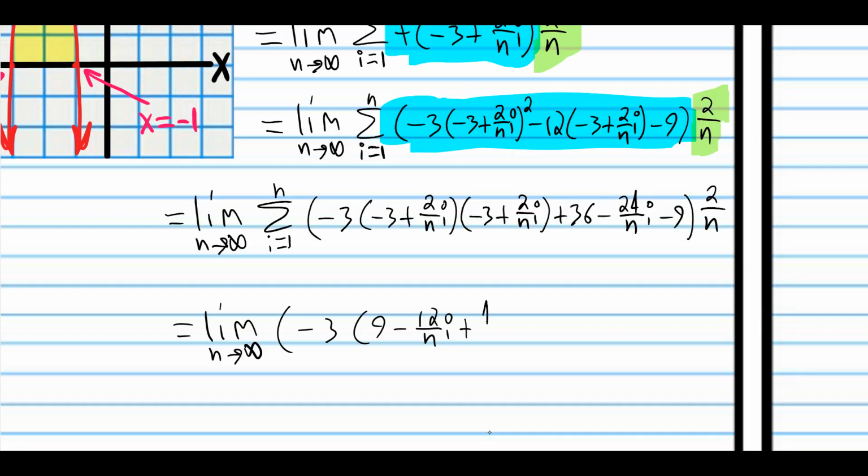And then multiplying the last, we get 4 over n squared i squared. That's all multiplied by negative 3. So let's double check, make sure we did everything right.